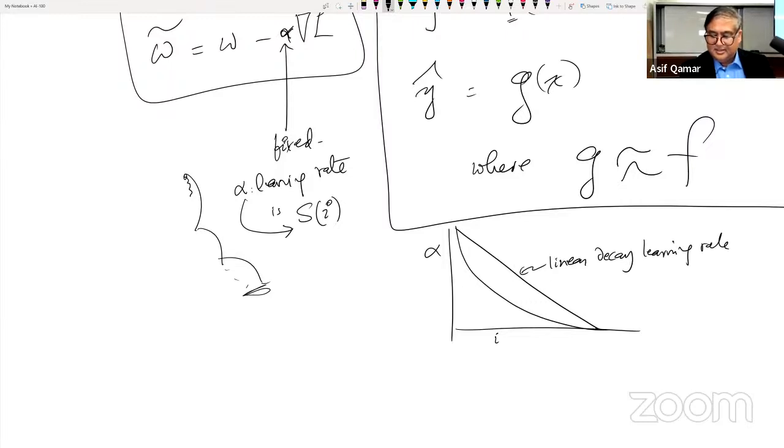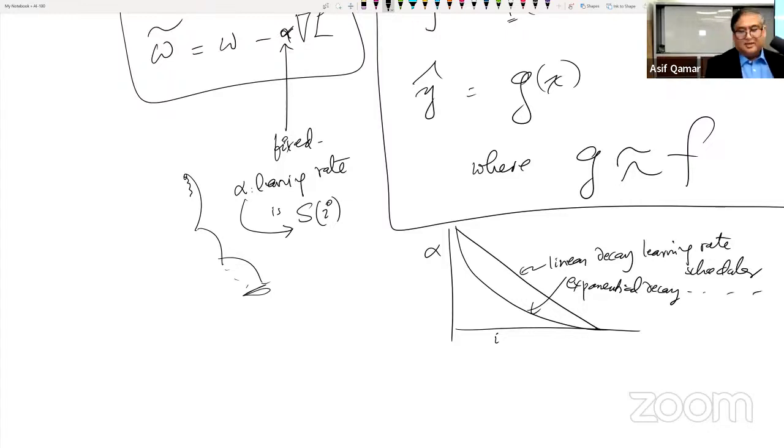There are many different learning rates. And of course, there is the constant learning rate, which is the simplest, you don't do anything.